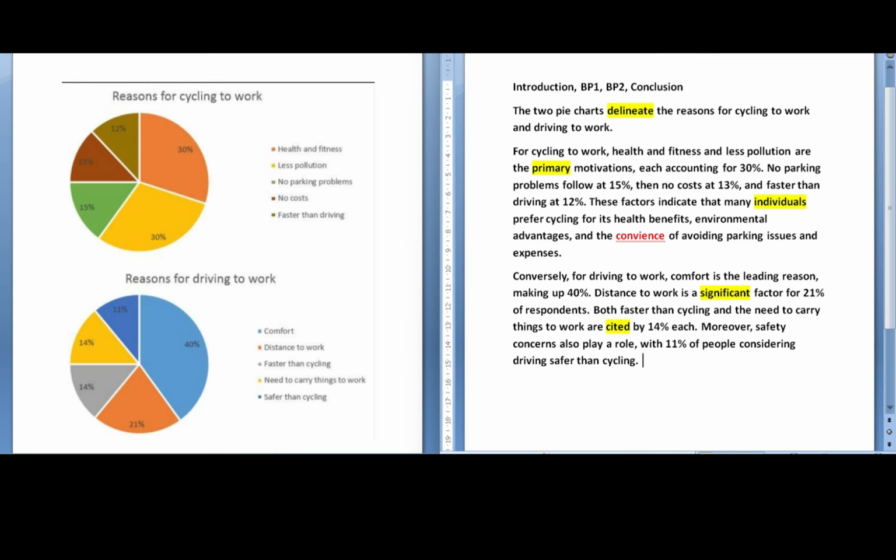Okay. So now the next is the conclusion. In summary, or you can write down to conclude, in conclusion, instead of in summary.